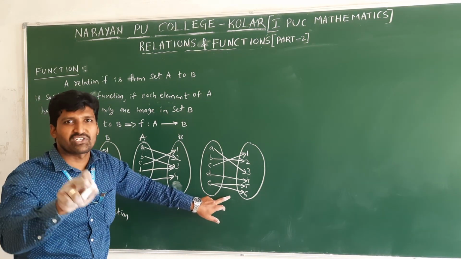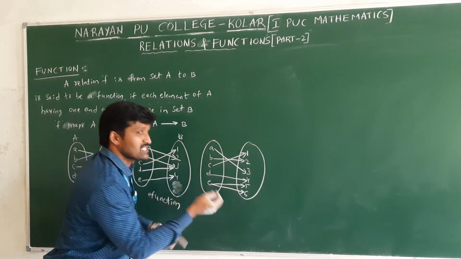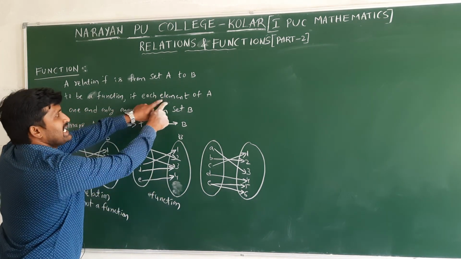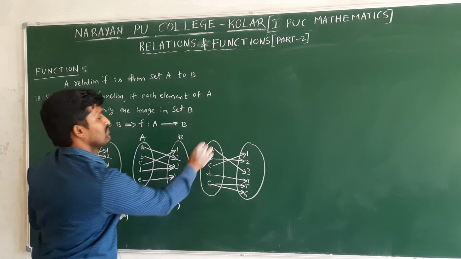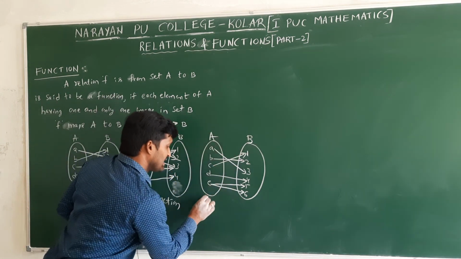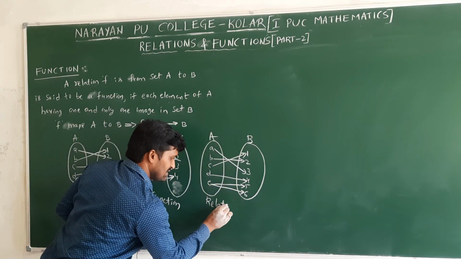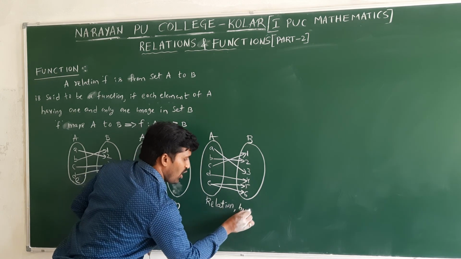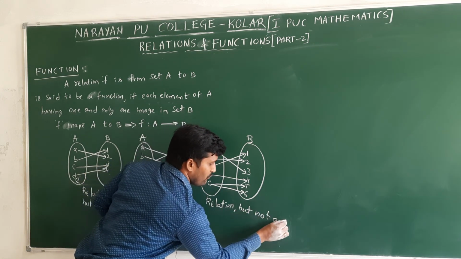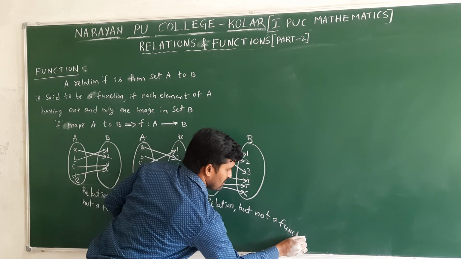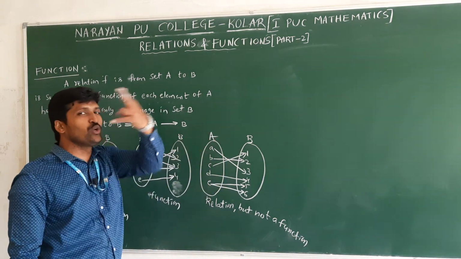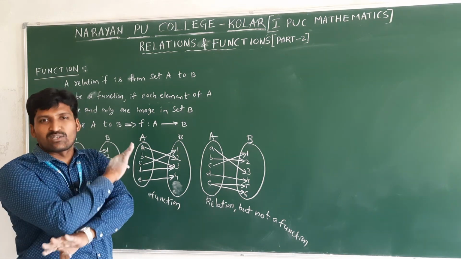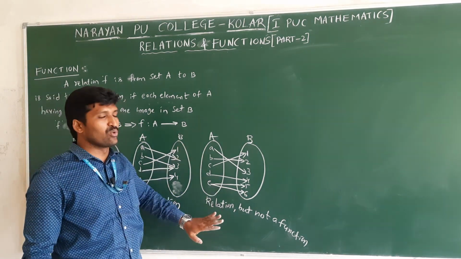No. Why is it not a function? How many images does E have? 2 images. But what I said is that each element of set A has only one image in set B. It is a relation but not a function. The element E in set A has 2 images, so it is a relation only.